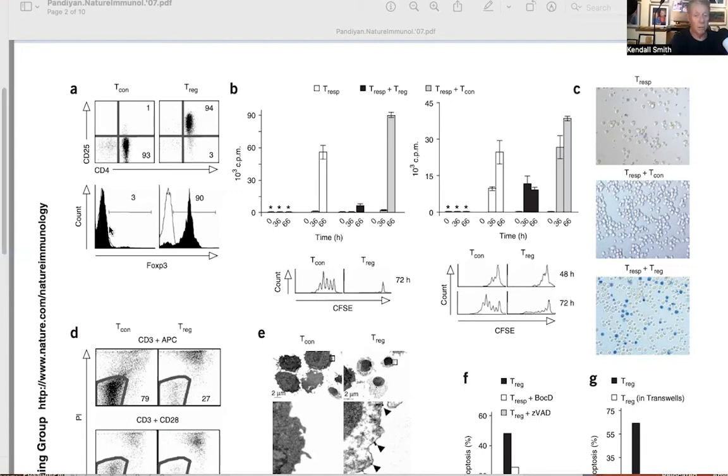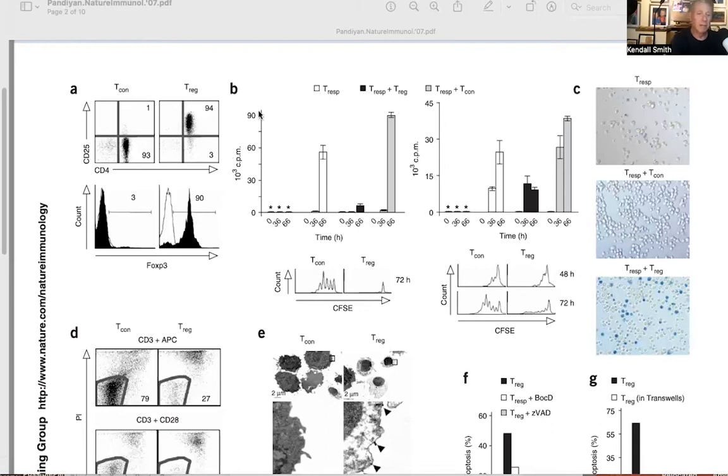And then in the lower panels, what you see is the FOXP3 expression worked out through intracellular staining. In the T conventional only 3% were FOXP3 positive, whereas 90% were FOXP3 positive in the Tregs.